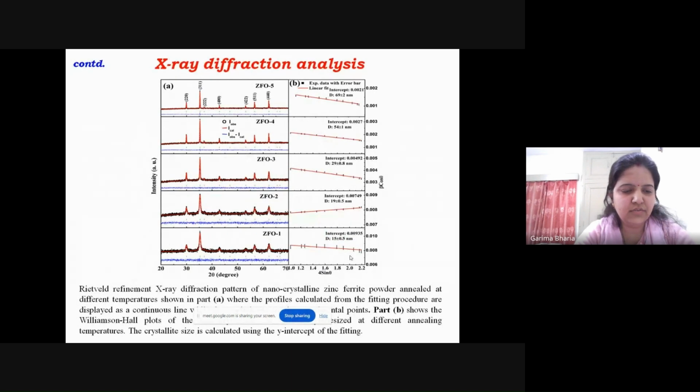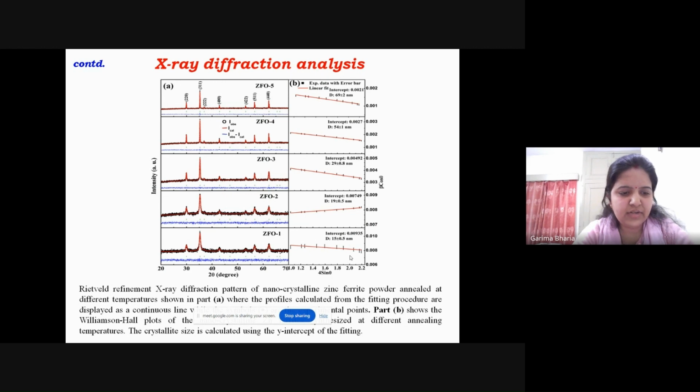We have done Rietveld refinement of the XRD patterns using the FullProf Suite software to find the structural parameters. Rietveld refinement X-ray diffraction patterns of nanocrystalline zinc ferrite powder annealed at different temperatures are shown in part A, where the profiles calculated from the fitting procedure are displayed as a continuous line while the symbols are the experimental points.